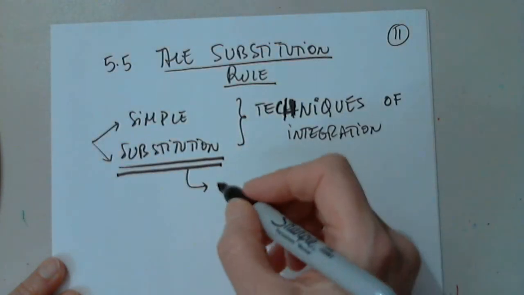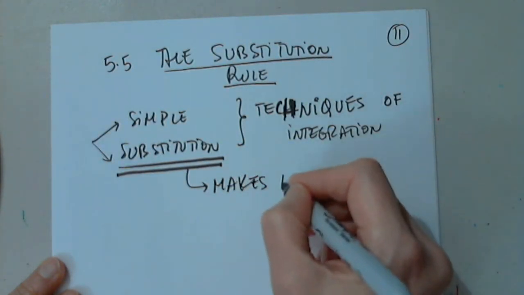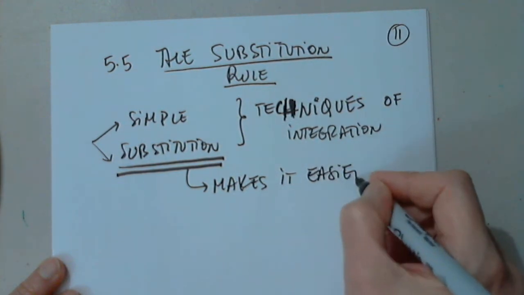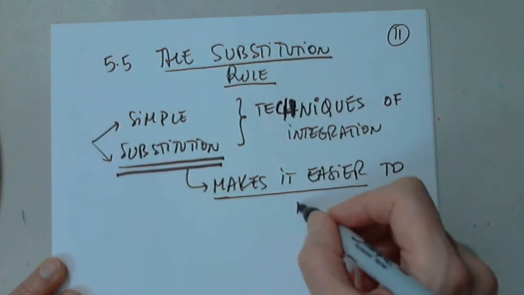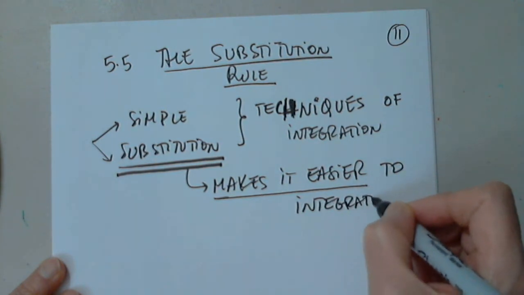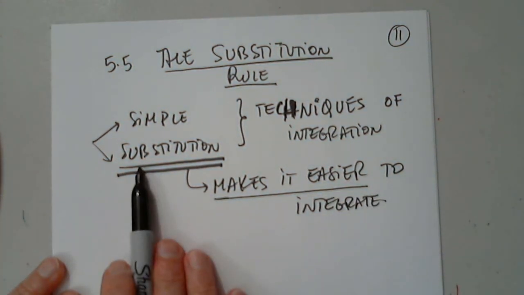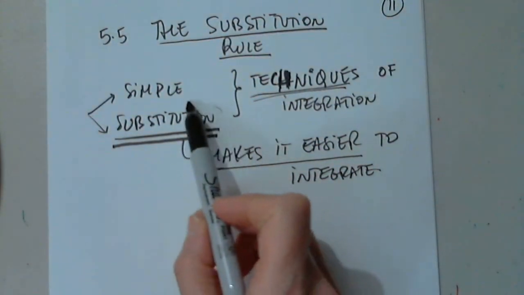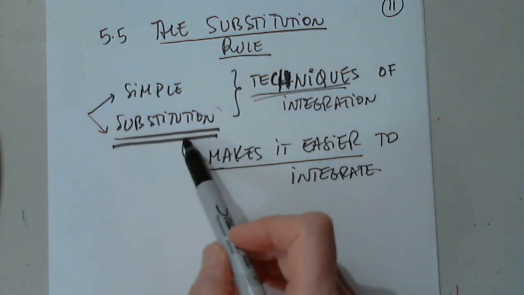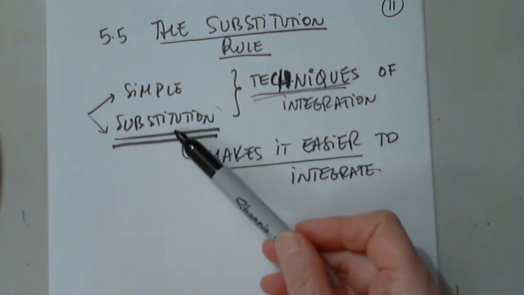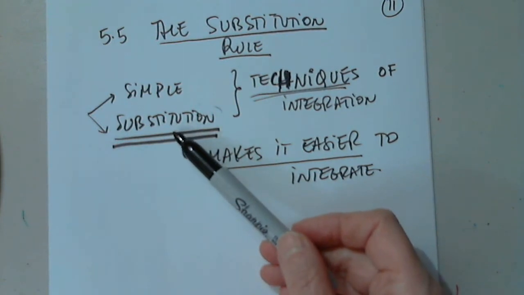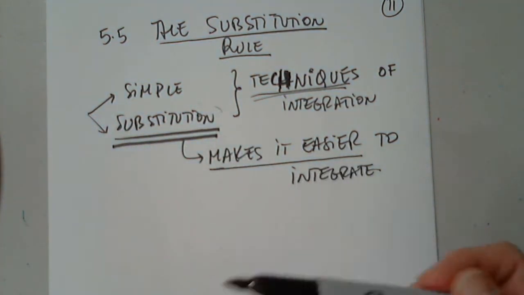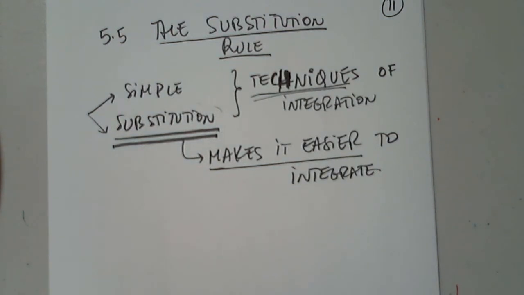A substitution makes it easier to integrate. If it doesn't make it easier, then the substitution is not the right one. Or maybe a substitution doesn't work, or maybe other techniques have to be applied. But for now, we're going to look at examples of definite and indefinite integrals that are easy to find using a simple substitution.